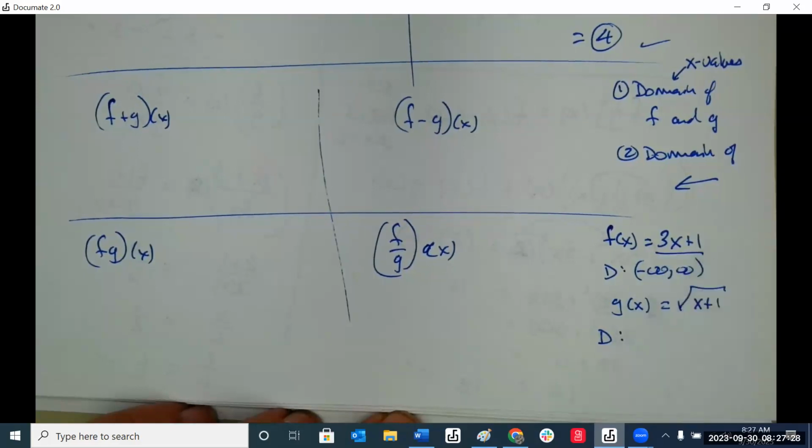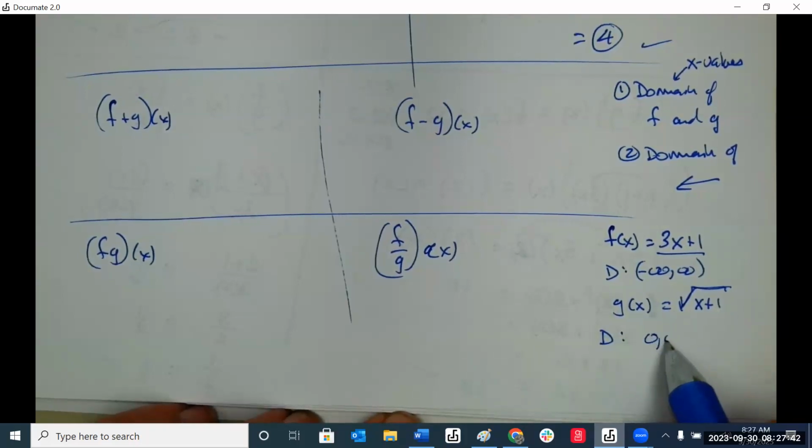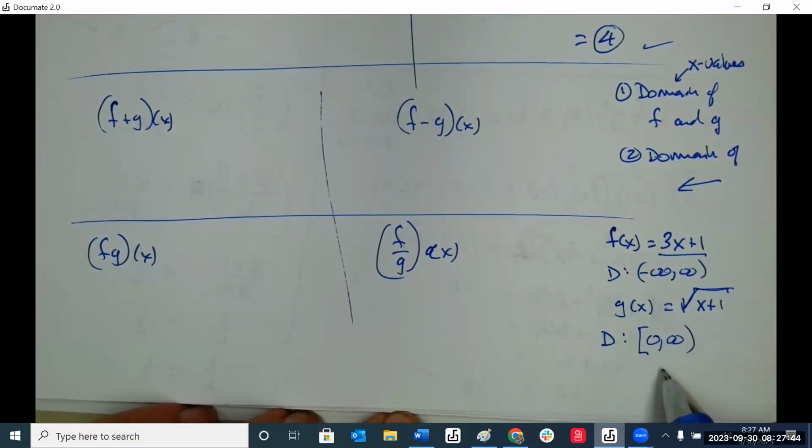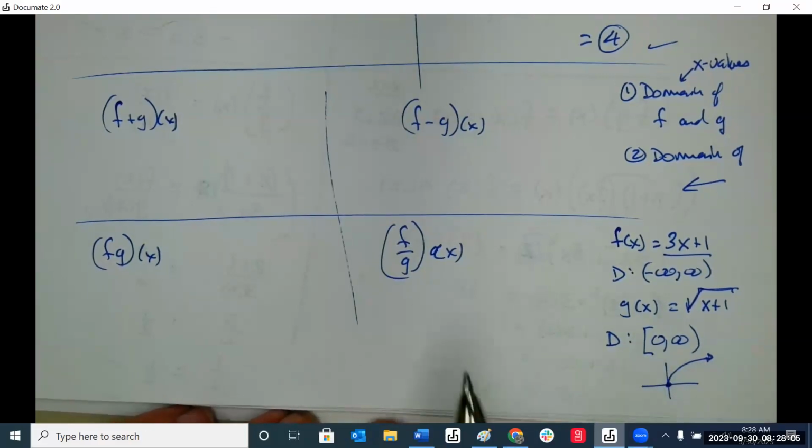That's this one. That's linear. We have, this is a square root, a radical. So what's the domain? In your picture, what's the smallest it can be? 0 to 100. Yeah, because the graph looks like this. You cannot put negatives inside square roots. So this one is only 0 to infinity.